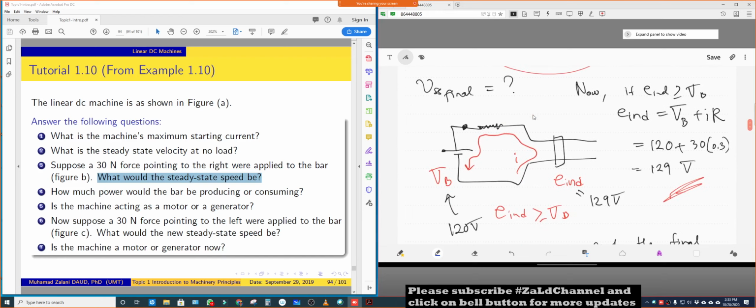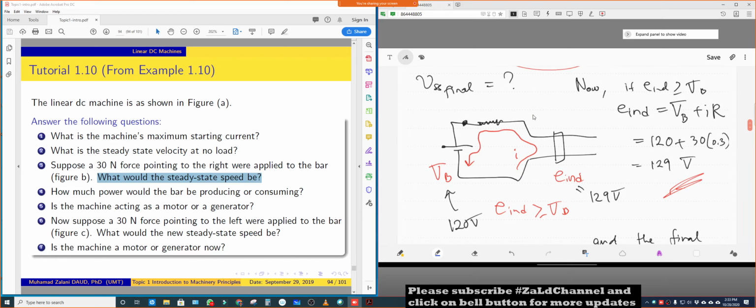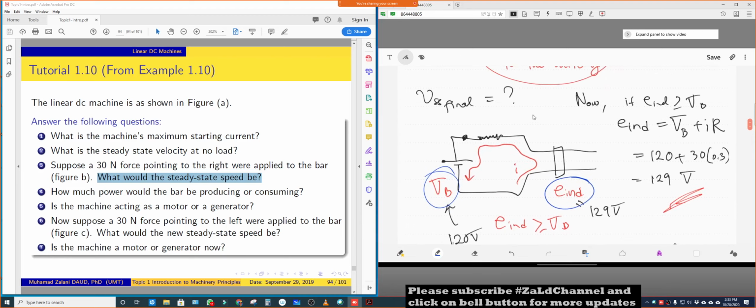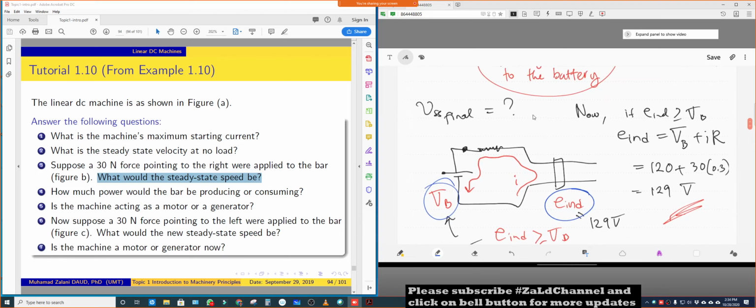Similarly, I have already drawn here the same thing. Induced voltage is now larger than VB. So current will be flowing counterclockwise, which means the battery is now being charged. Now we know that induced voltage is larger than VB.